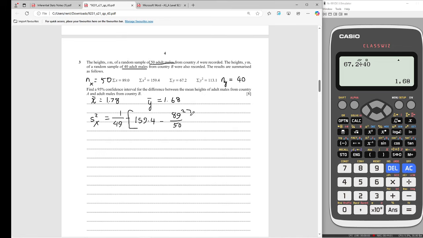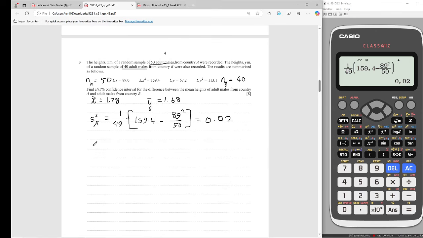So this is your x value. So let's solve that right now. 1 by 49 bracket 159.4 minus 89 squared, divided by 50, and there you have it. We get 1 by 50, a nice value, 0.02.